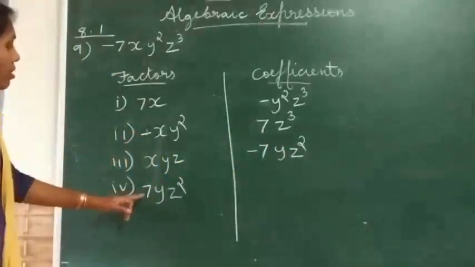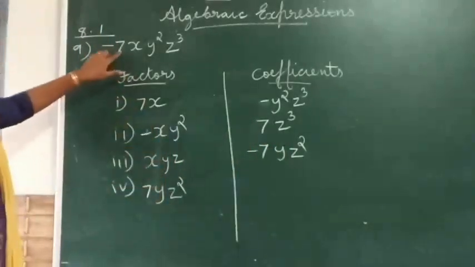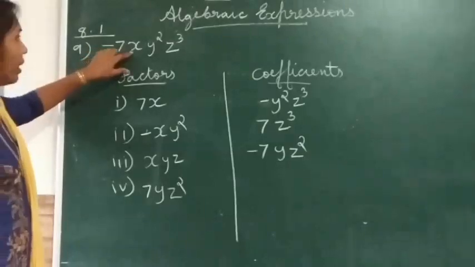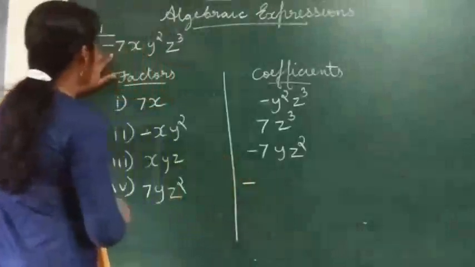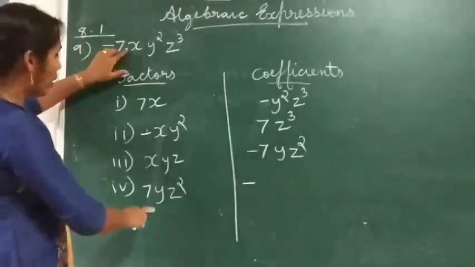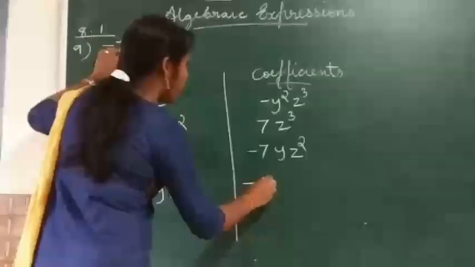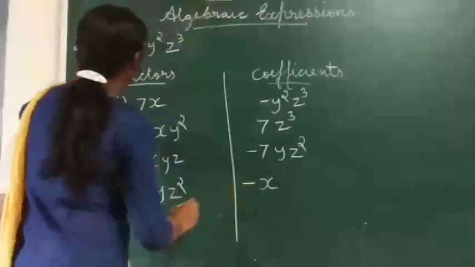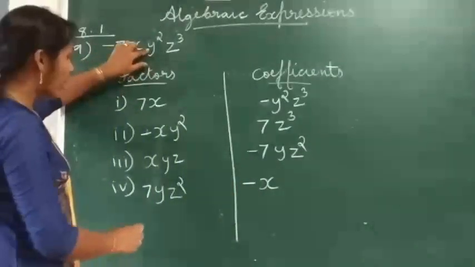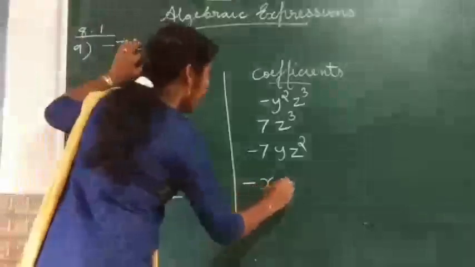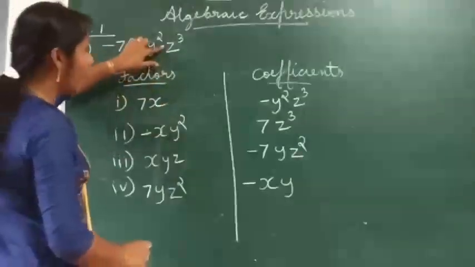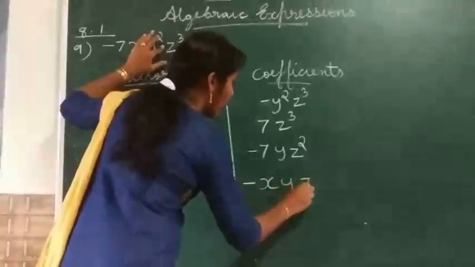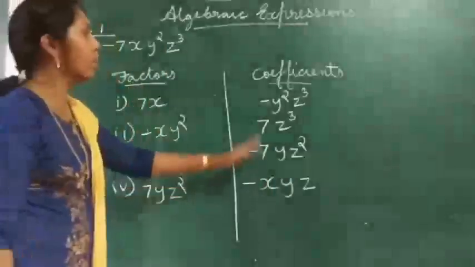Now 7 y z square: here we have to take minus in the coefficient. Then x is not in the given factor, so we have to take minus x. Then from y square we have 1 y here, so we write y, and from z cube we have z square. So 1 z also we have to write here. So these are the coefficients of the given factors.